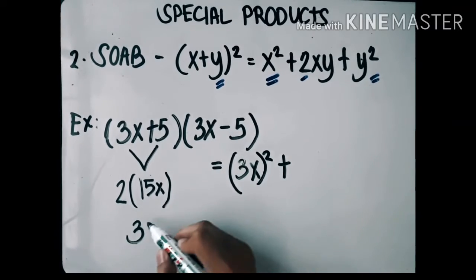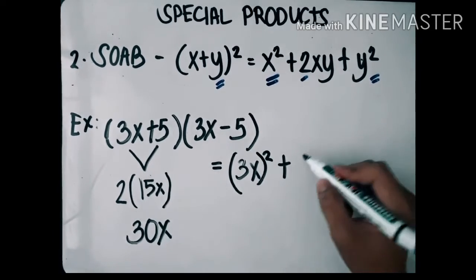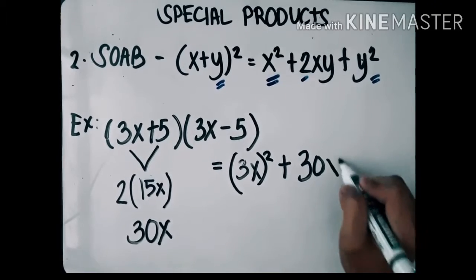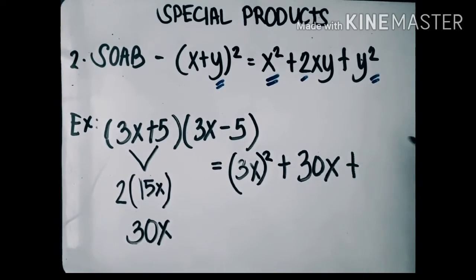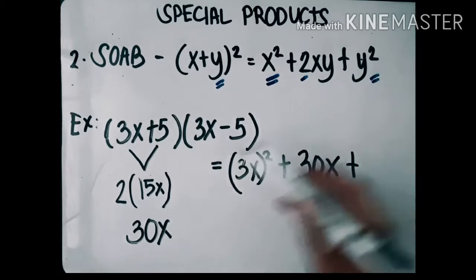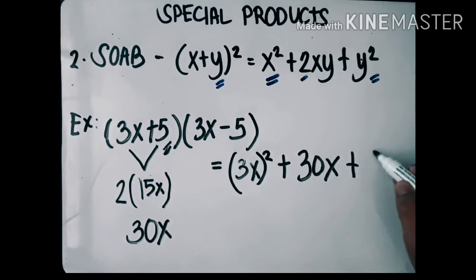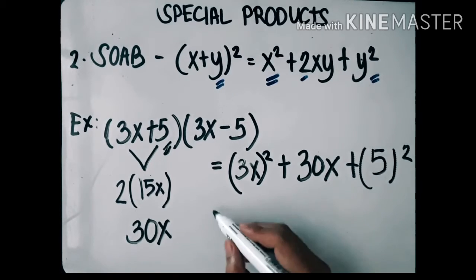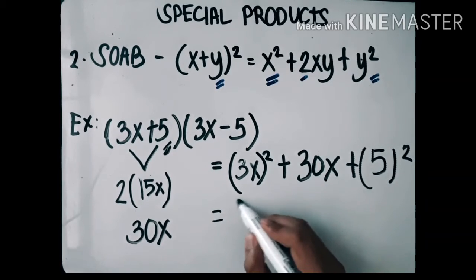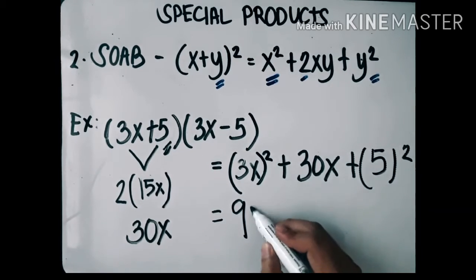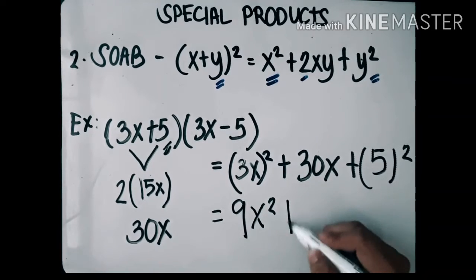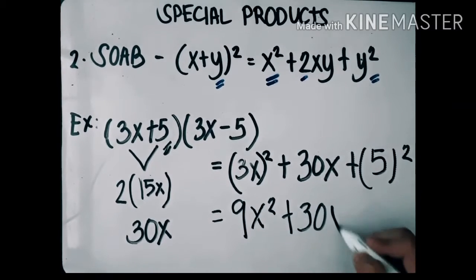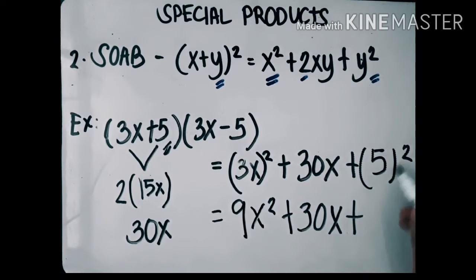So, that would be 30x. And the square of the second term, which is 5. Simplify. 3 squared is 9. X raised to 2 is x squared plus 30x plus 5 squared is 25. Okay?